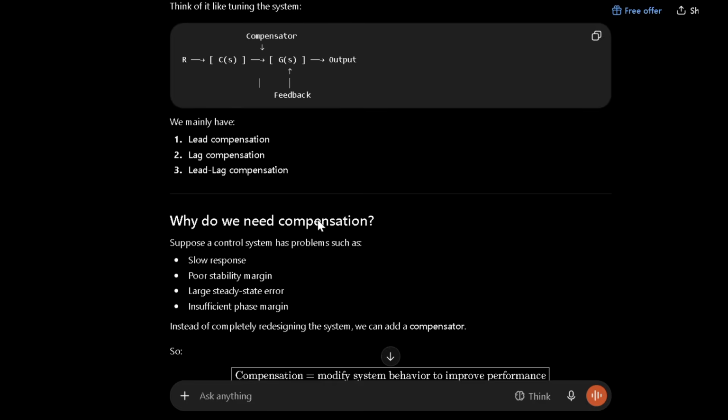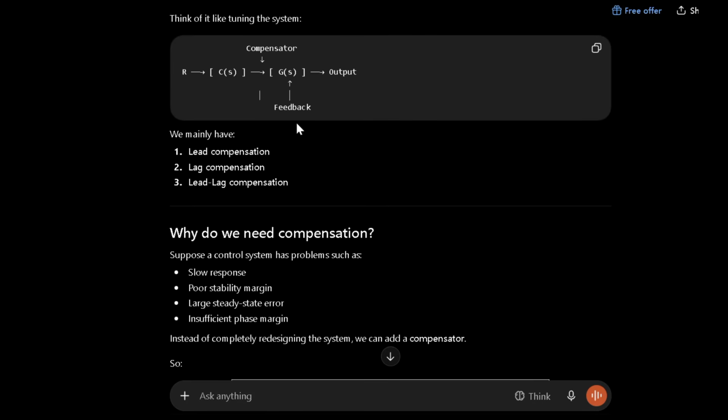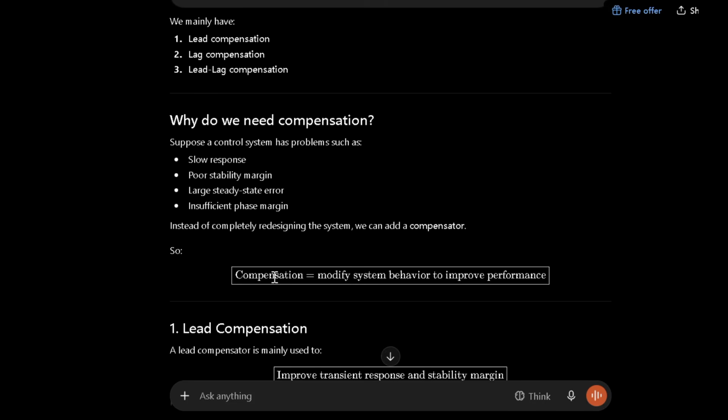Suppose the system has problems like very slow response, very poor stability margin, large steady state error, which is one kind of error, insufficient phase margin. These all lead to instability, right? That's why we use a compensation, to modify system behavior to improve it.